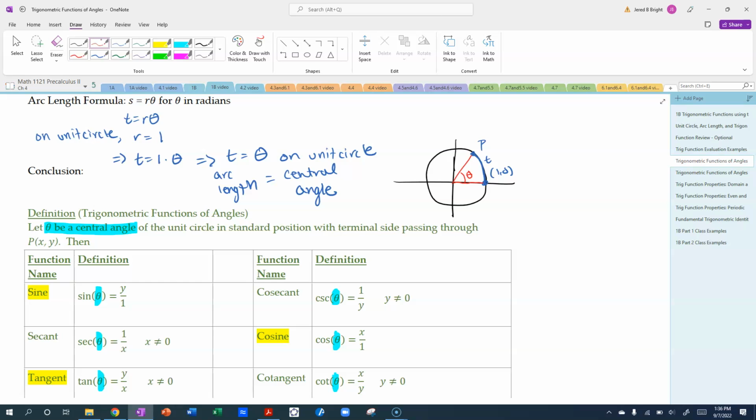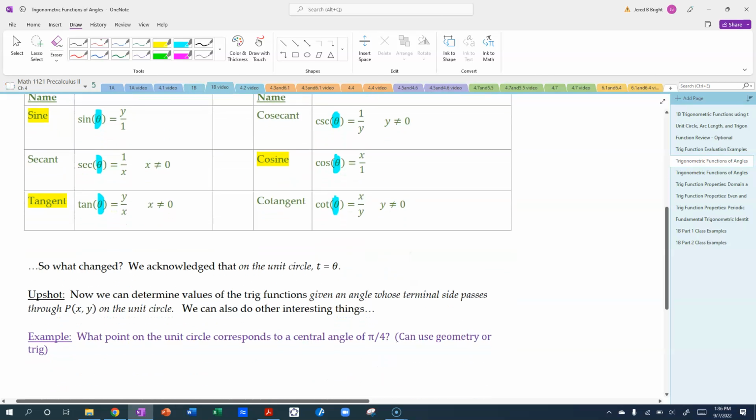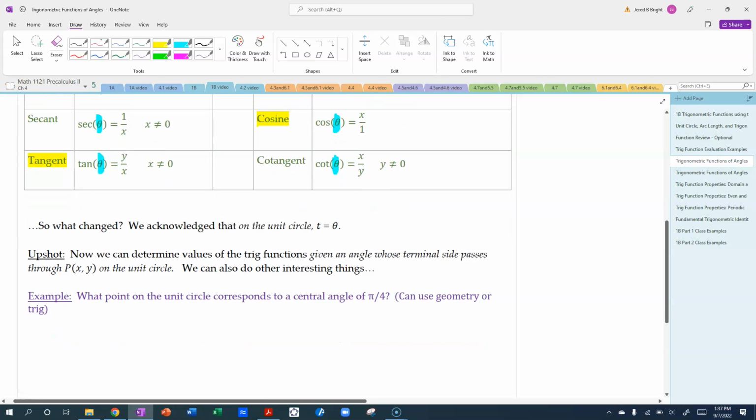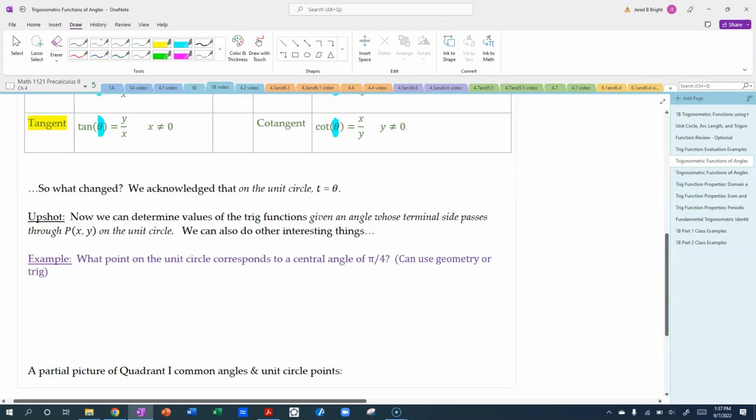So just be aware of that. All we need now is an angle whose terminal side passes through P of (x, y) on the unit circle.